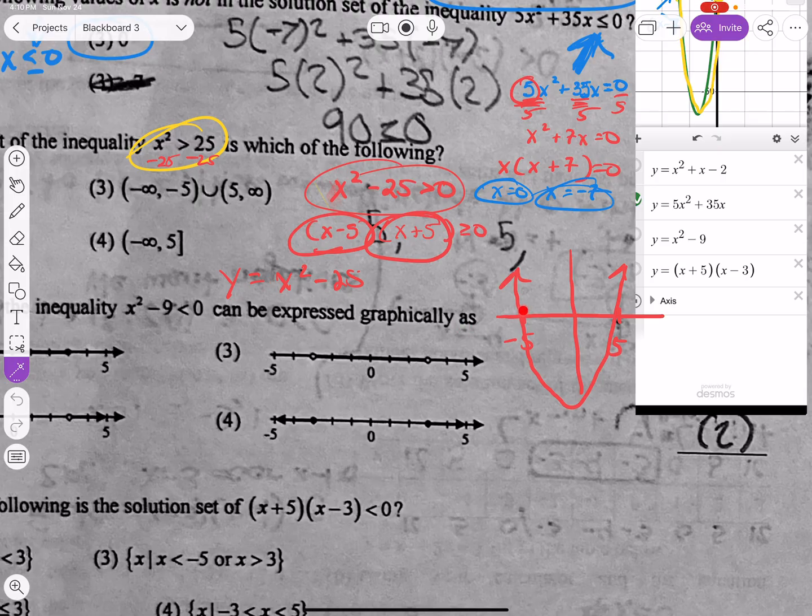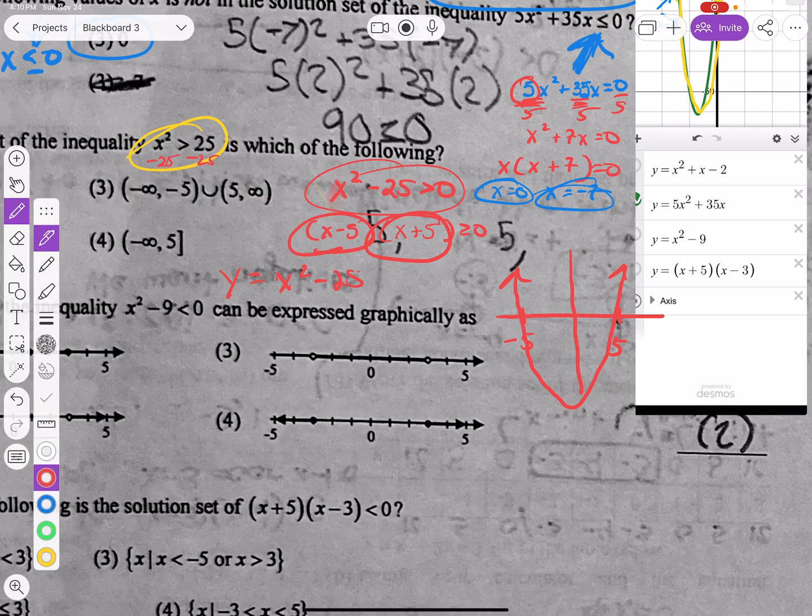And so now I can see when x's are less than -5, I'm getting positive y values. To the right of -5, I'm producing negative y values until I get to 5. At 5, I'm exactly 0. And then to the right of 5, greater than 5, I'm getting positive numbers out. They want to know what x values cause my function to be negative.